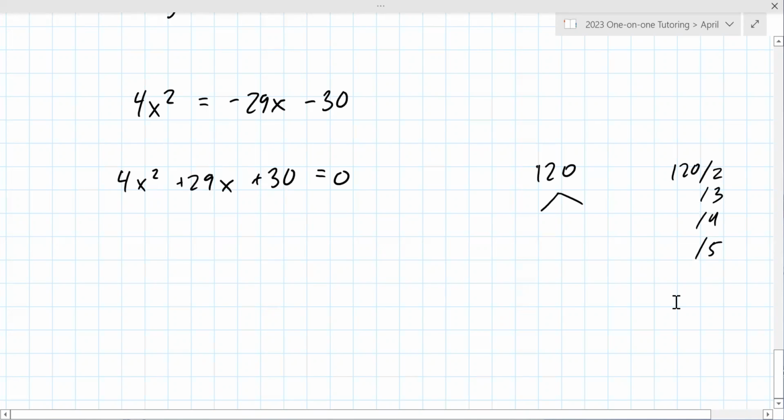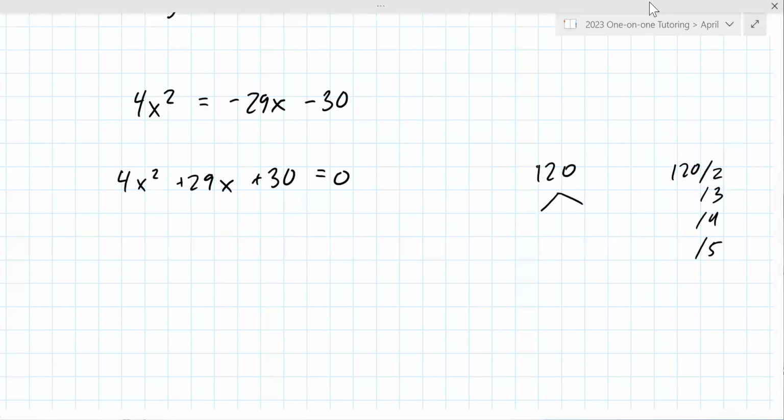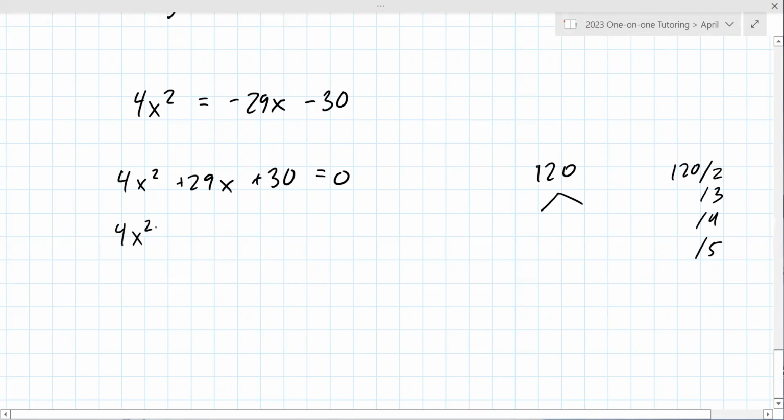One of them might jump out at you as working. Oh, 5 and 24. Okay, so 4x squared plus 24x plus 5x plus 30. Assuming you'll pair them up that way.